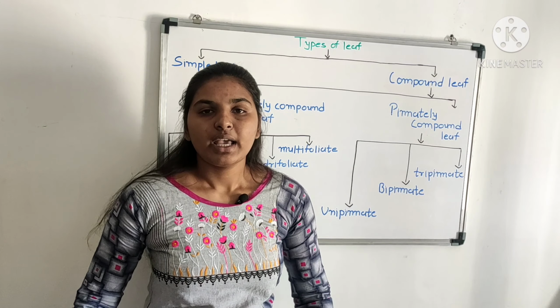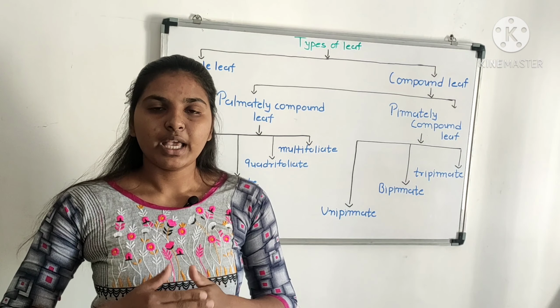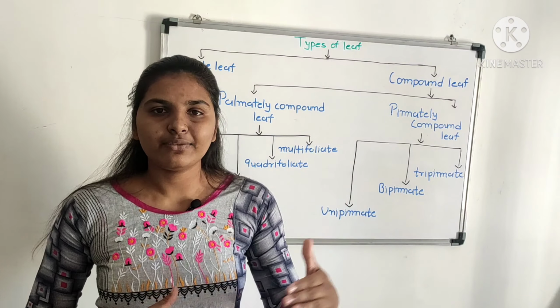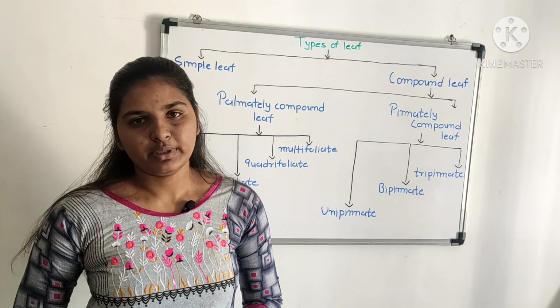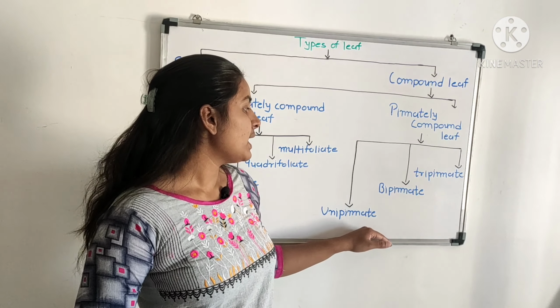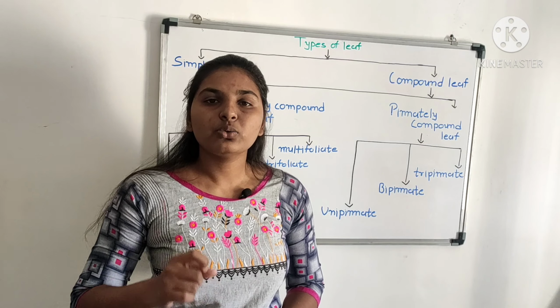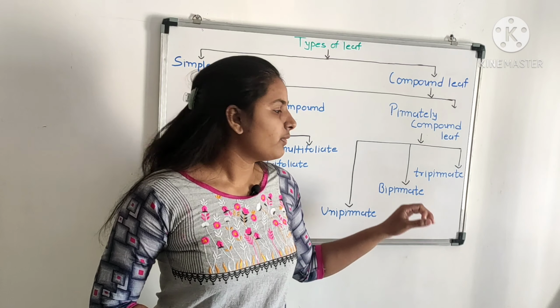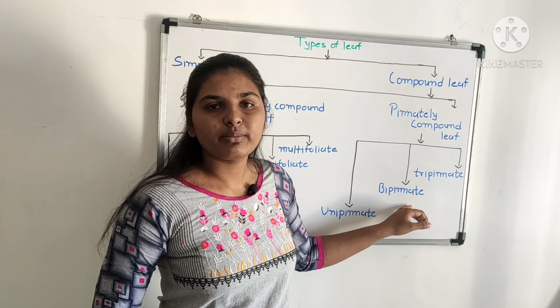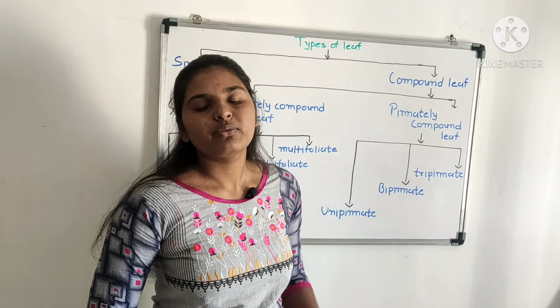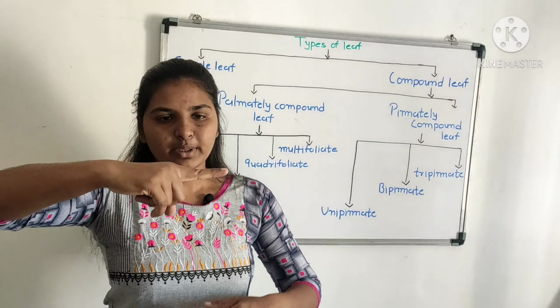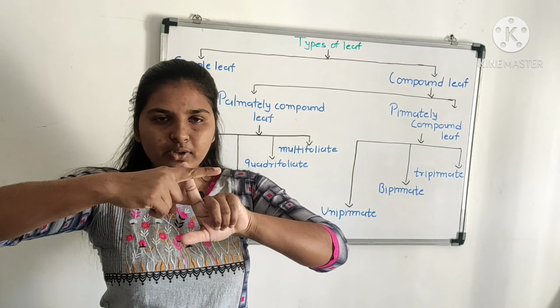In unipinnate, the first midrib has many leaflets. That type of leaf we know as the unipinnate leaf. In bipinnate, the leaflets go from the first midrib to a second midrib. This is the first midrib.